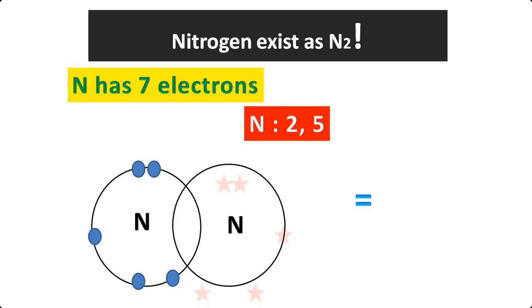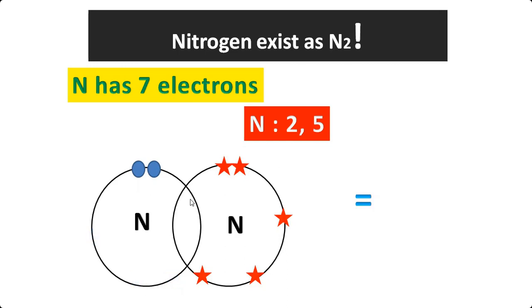So we have another nitrogen atom and it has 5 electrons. Keep in mind, nitrogen needs 3 electrons to become stable. It means we'll share 3 electrons. The first nitrogen will contribute 3 electrons, and the other nitrogen will contribute 3 electrons in this area.